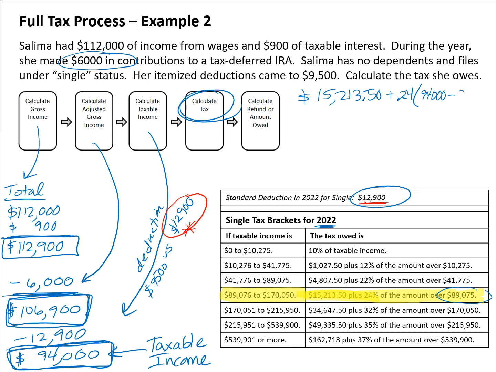I'm going to subtract $89,075. So doing that full calculation in a scientific calculator using the parentheses and making sure you've got the decimal in the right spot, what we get is that Salima is going to owe $16,395.50 in taxes. So that would be her tax that she owes.